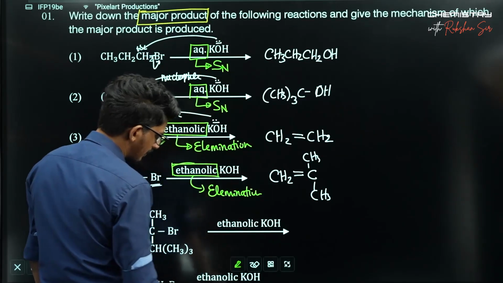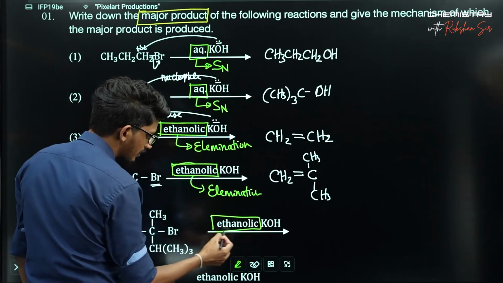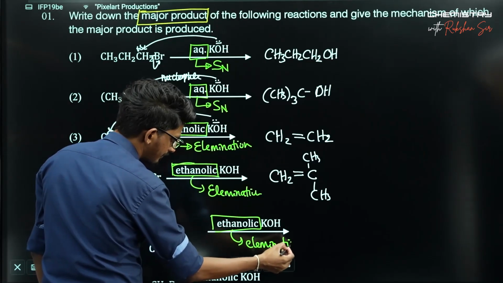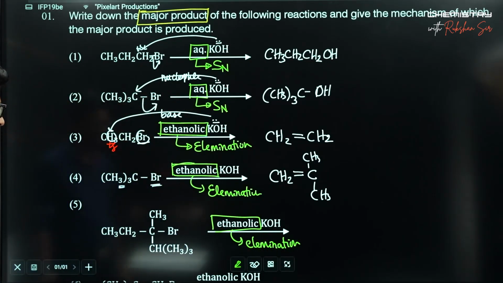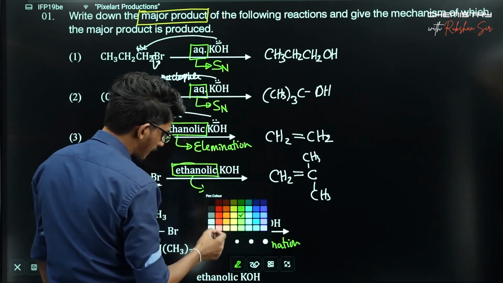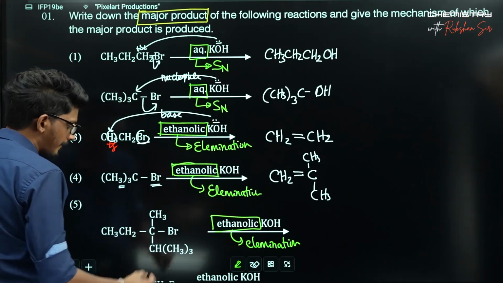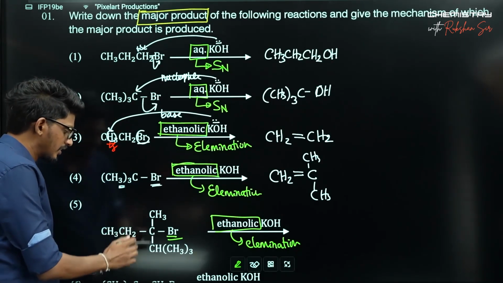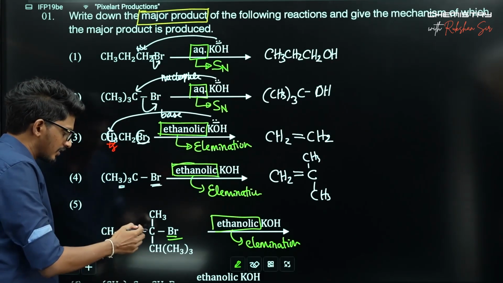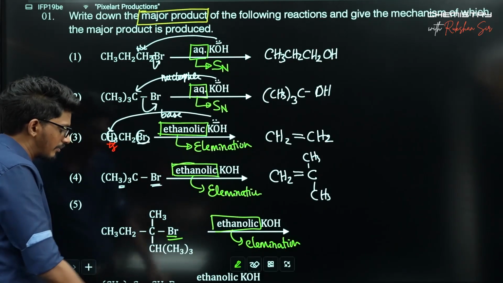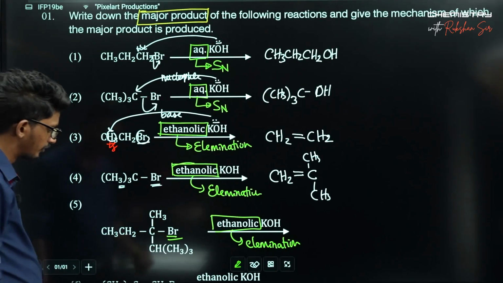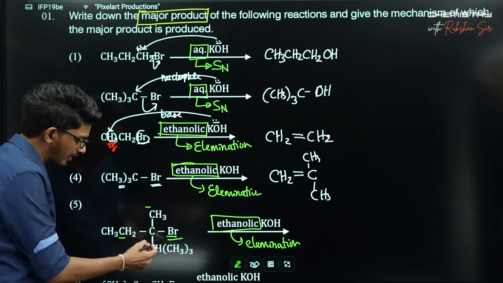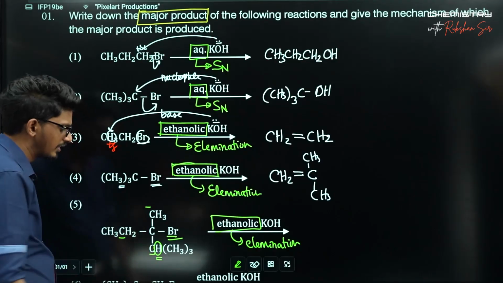What about this one? Again, ethanolic medium is used. So again, elimination is preferred. This Br will leave with one of the hydrogens of the carbon adjacent to the carbon bearing the Br in the halide. From these three carbons, the carbon which contains the least number of hydrogens, that hydrogen will leave.